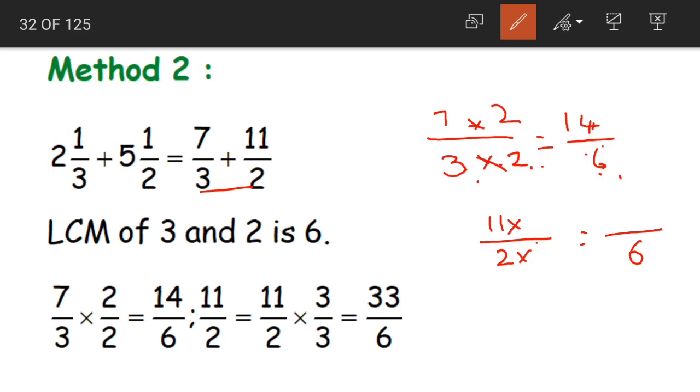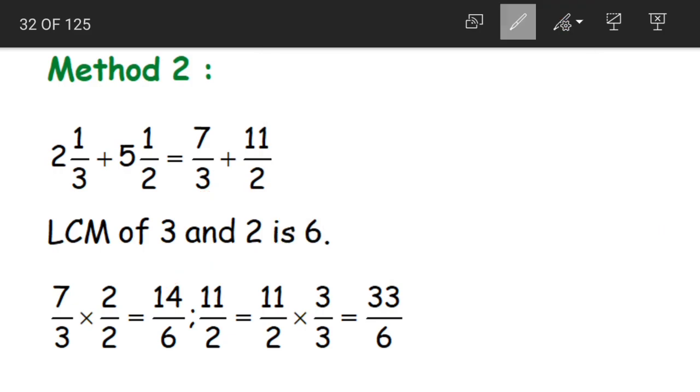The denominator should be 6. Now again, how will we get 6? 2 into 3 is equal to 6. Again 11, multiply the numerator with 3 as well. 11 3s are 33. 2 3s are 6. Now our resultant like fractions are 14 by 6 and 33 by 6.